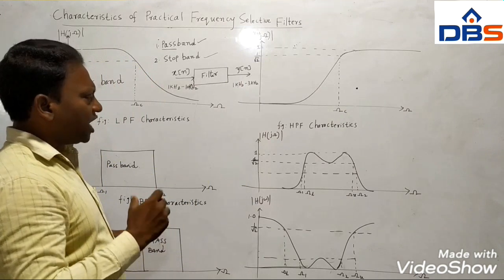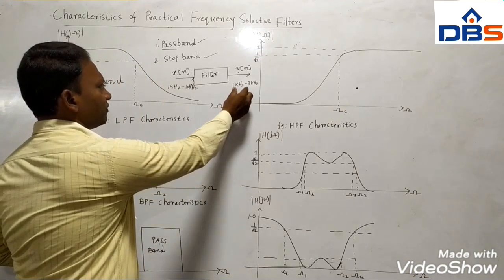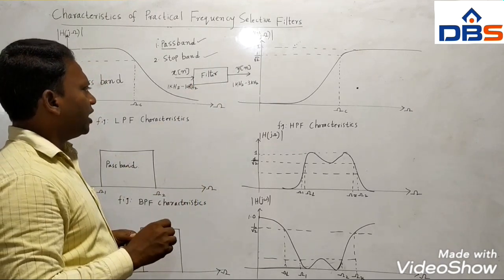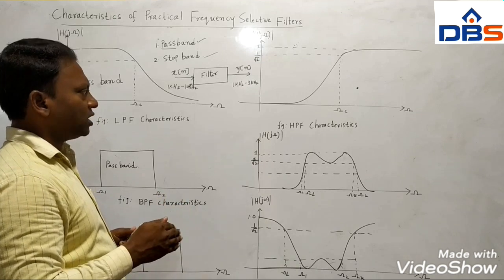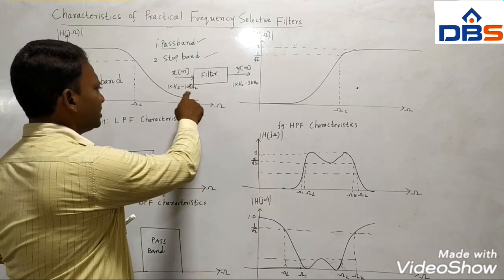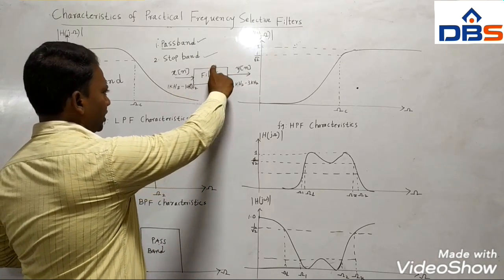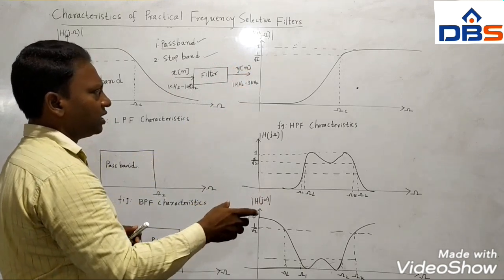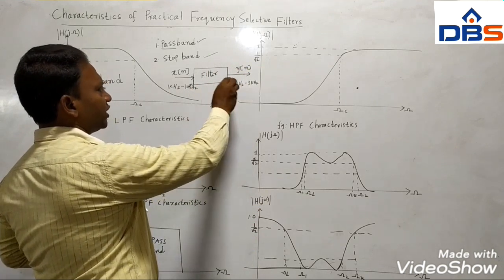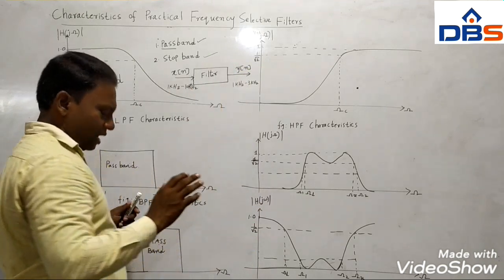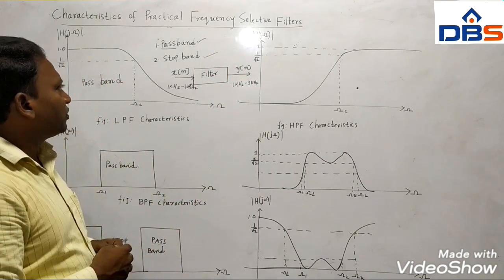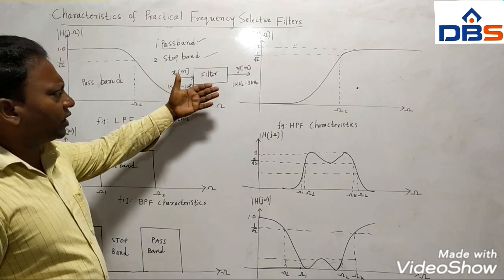So pass band means the range of frequencies allowed to the output of the filter, and stop band means the range of frequencies blocked by the filter. Here, from 1 kHz to 3 kHz is allowed to the output, that is the pass band, and all frequencies above 3 kHz, like 3 to 10, are blocked by the system. That is the stop band.